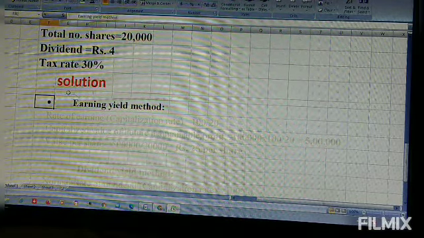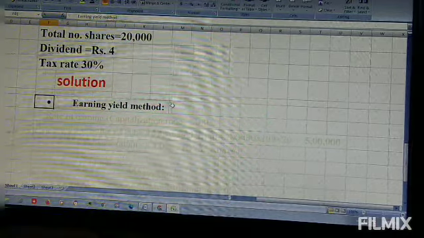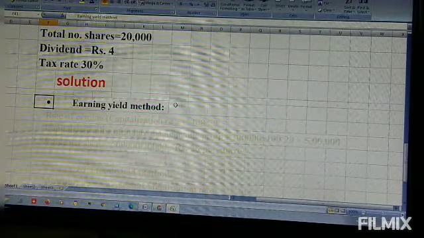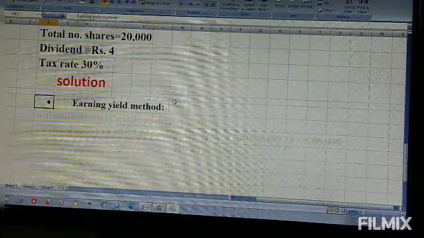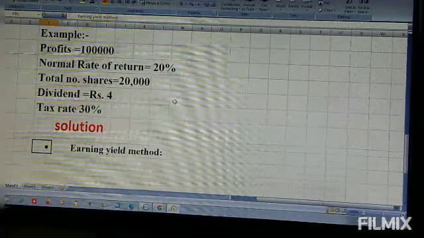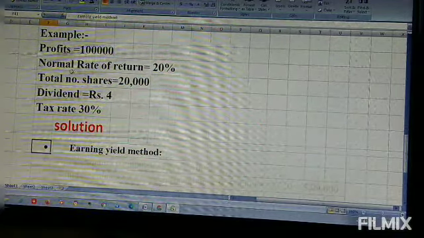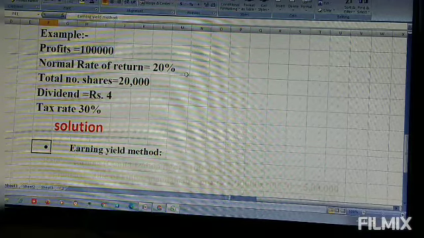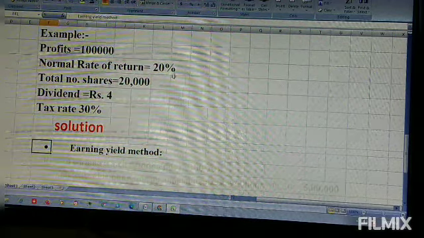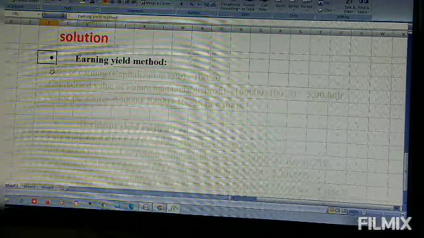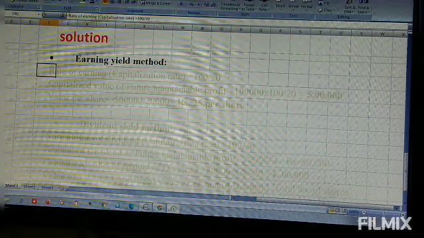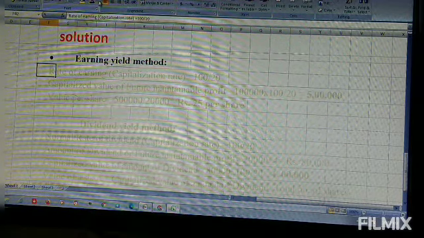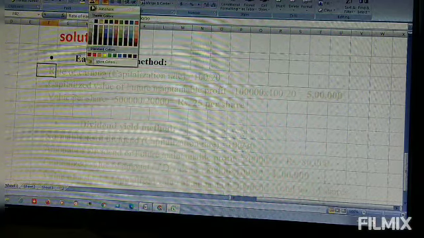We have to find out the value of shares, right? Now we take the first yield method, which means you have to take the rate of return. What is the rate of return? The normal rate of return is 20%. You see here, the normal rate of return is 20%. This is the rate of earning or capitalization rate we can call it. So this is the capitalization rate only.